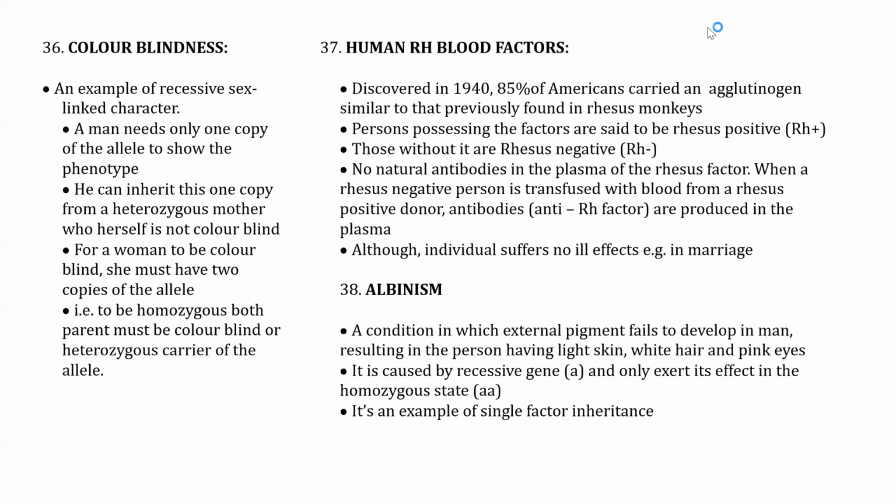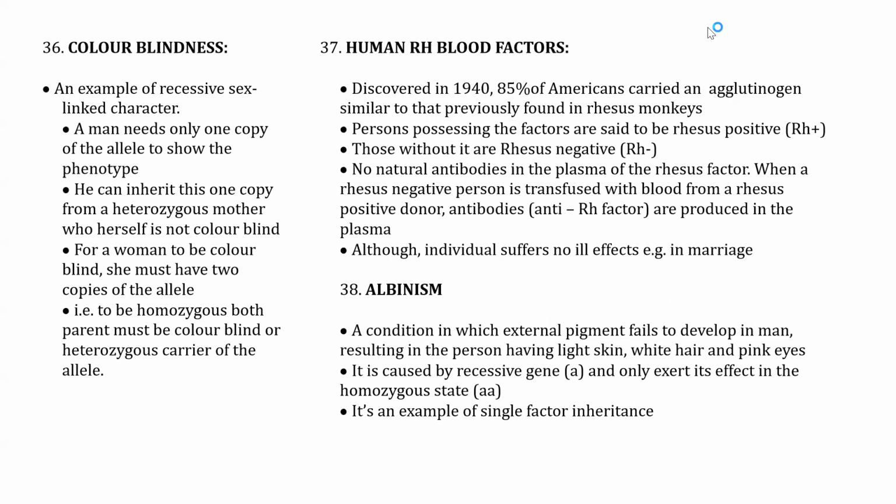No natural antibodies in the plasma of the rhesus factor. Now, what we are trying to say is this: when you are Rh positive, you don't have natural antibodies. No natural antibodies. And you know the function of antibodies? They fight against foreign bodies.